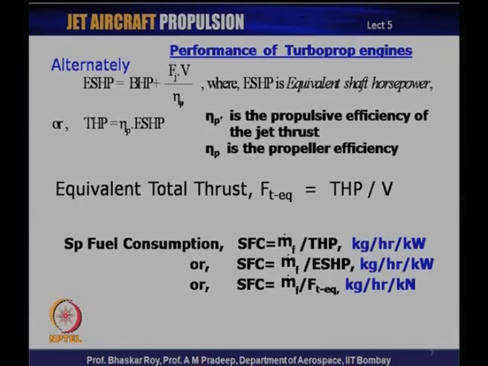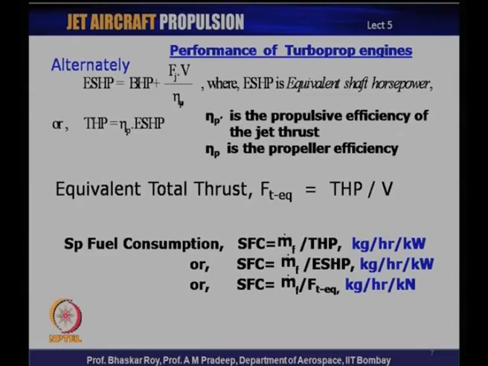Now, this is converted with a small propulsive efficiency of the jet thrust, and so we have the second term, which is basically a thrust power converted to power, which is then added up to the shaft power, and the two of them together make up what is also known as equivalent shaft horsepower, or ESHP.